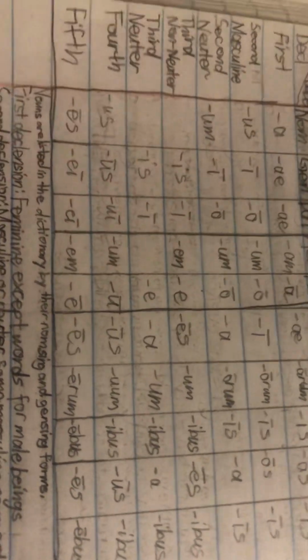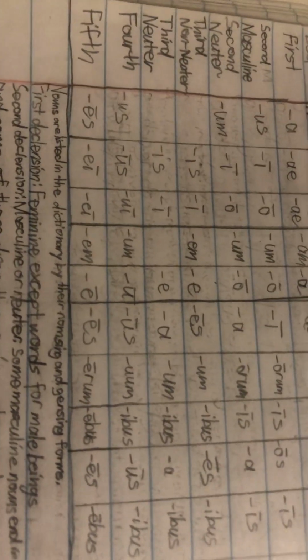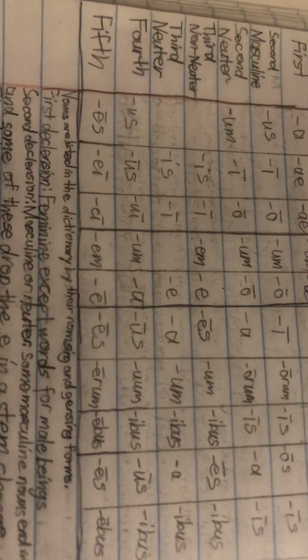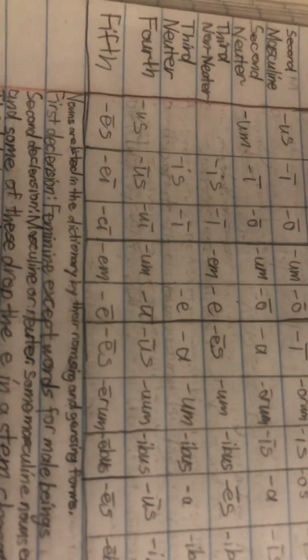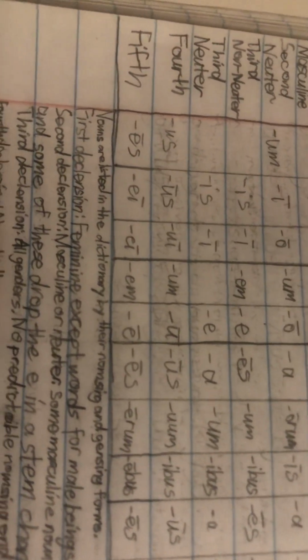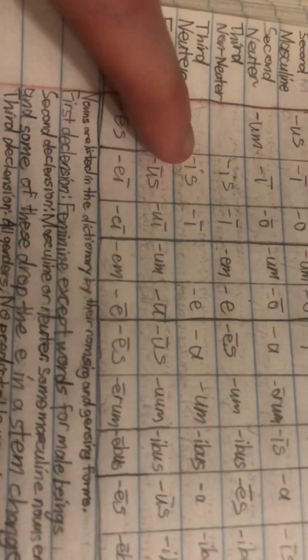Now, this is the third declension. Starting with the genitive singular. By the way, most third declension nouns have stem changes. So that's why you especially need the nominative and the genitive forms, which are cited in the dictionary.